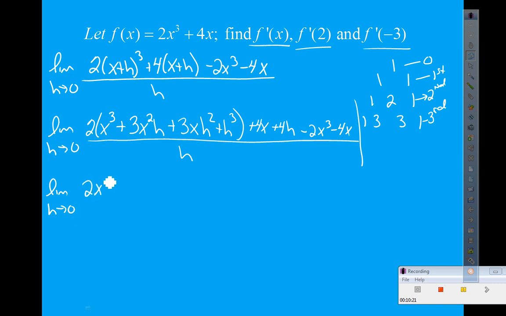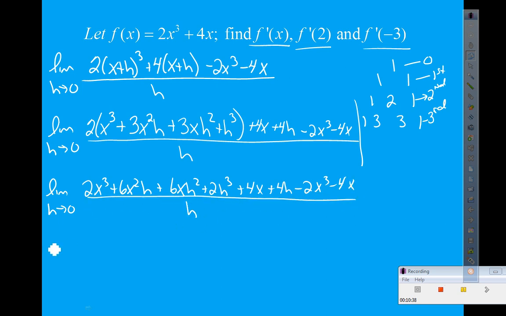So I've got 2x cubed plus 6x squared h plus 6xh squared plus 2h cubed plus 4x plus 4h minus 2x cubed minus 4x all over h. Then again, if it doesn't have an h in it and you've done a good job, things are going to cancel. That and that will cancel out. 4x and negative 4x will cancel out.